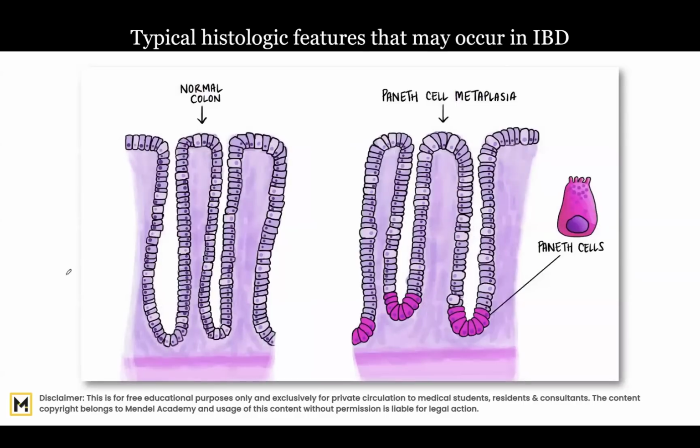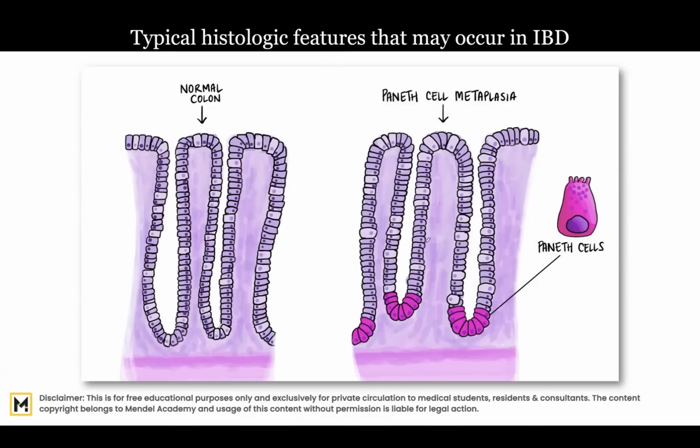The third thing I told you already was about Paneth cell metaplasia. So this is the location at the base of the crypts is where the Paneth cells are located. Now you do see Paneth cells mostly in the small intestines. You also see a few of them in the large intestine.